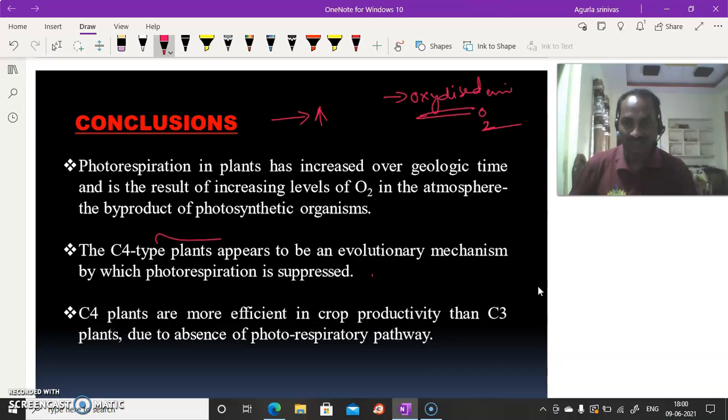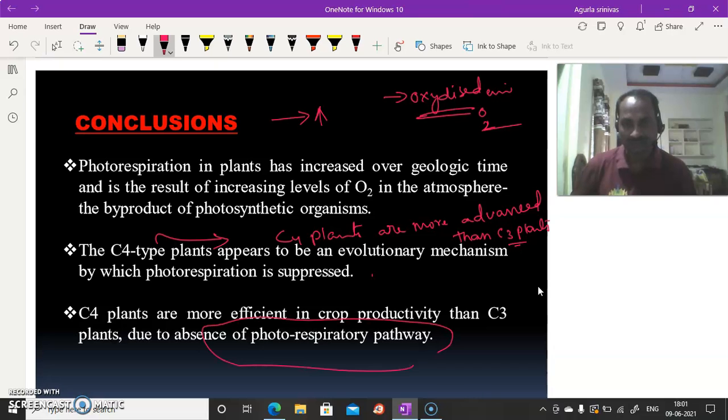That's why we are calling them C4 plants, or more advanced than C3 plants. C4 plants, due to the presence of Kranz anatomy, do not have any photorespiration. Yes, C4 plants are more efficient in crop productivity than C3 plants due to the absence of the photorespiratory pathway.